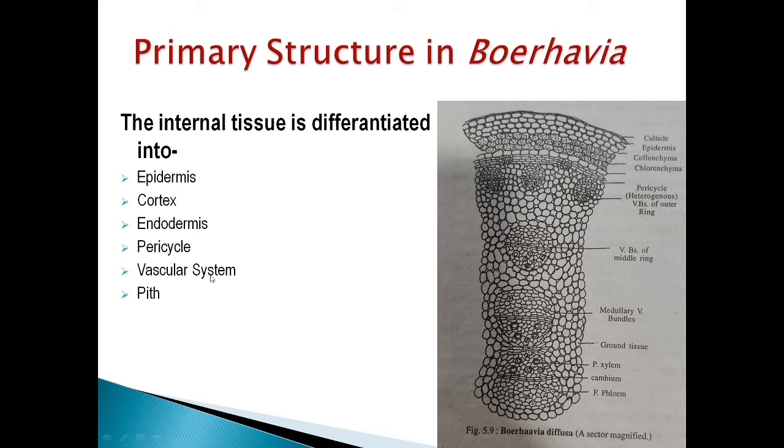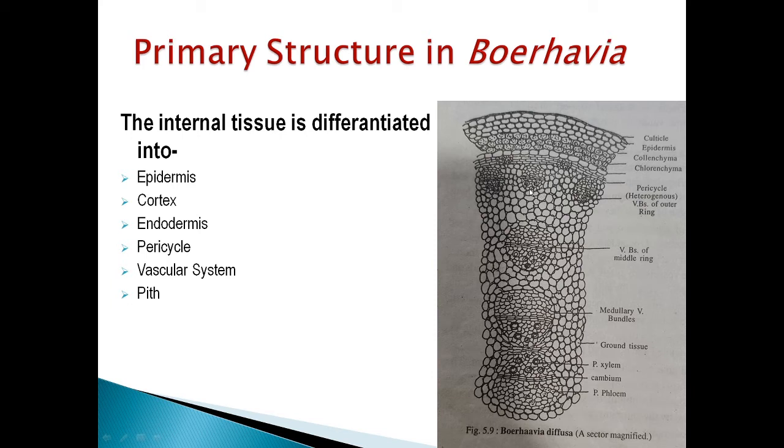The next is the vascular system. The vascular system consists of many vascular bundles which are arranged in three distinct rings: the outer ring, the middle ring and the inner ring. The outer ring consists of a large number of vascular bundles, 15 to 20 in number.